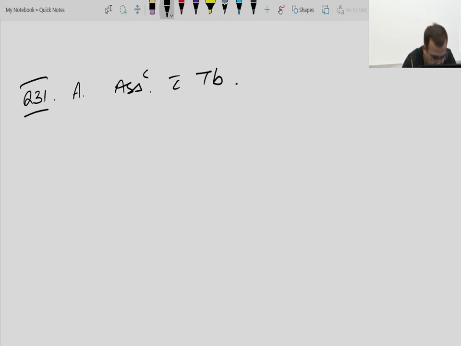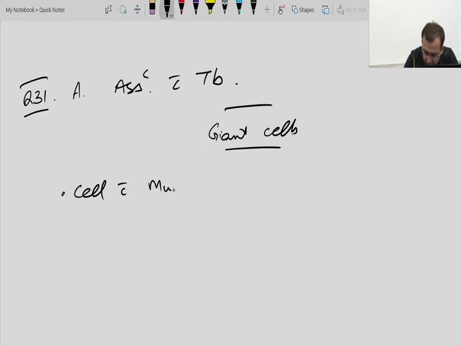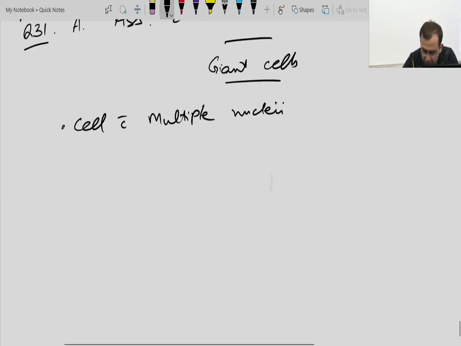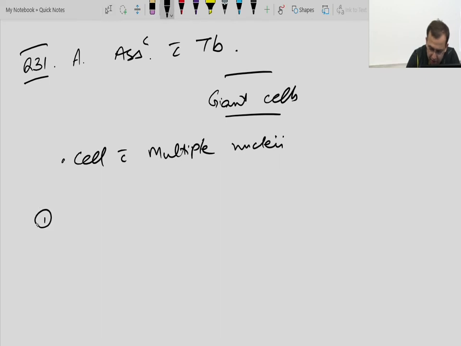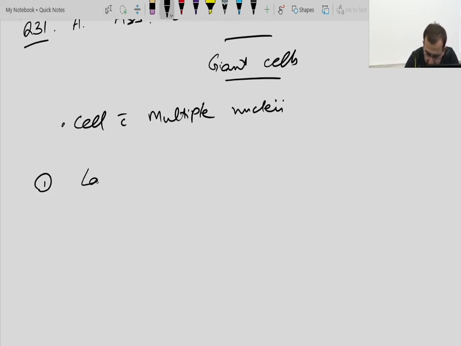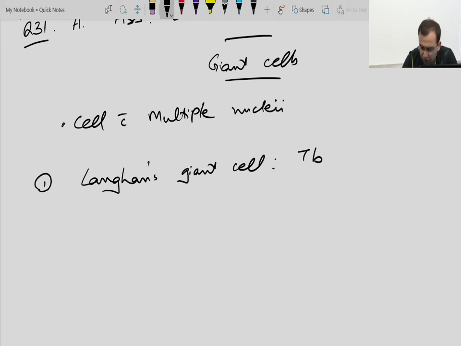So before we go further, this gets us to the various types of giant cells that we see in pathology. What is a giant cell? A giant cell is a cell with multiple nuclei. Starting with TB, that is the Langerhans giant cell, seen in tuberculosis.